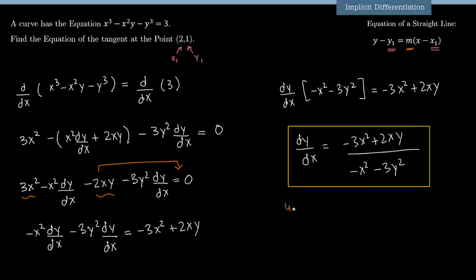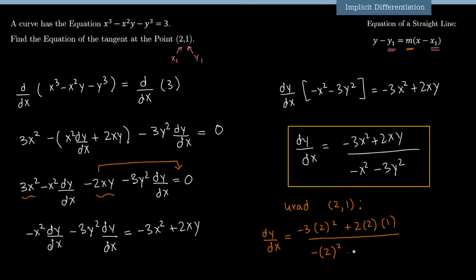Next, for the gradient at the point (2, 1), I'll plug in these coordinates in this gradient function. So dy upon dx is going to be equal to minus 3 times x, the x coordinate is 2, so minus 3 times 2 squared, plus 2 times x, x is 2, and times y, which is 1, divided by minus x squared, so minus 2 squared, minus 3 times y squared, the y coordinate is 1, so minus 3 times 1 squared.